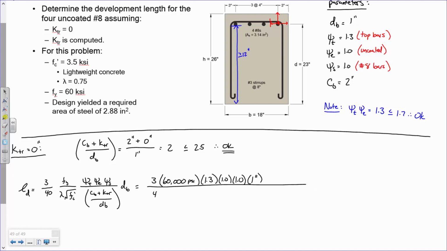All right. 40. What's lambda? 0.75. Square root of 3,500 psi. And then the ratio, that's just 2.